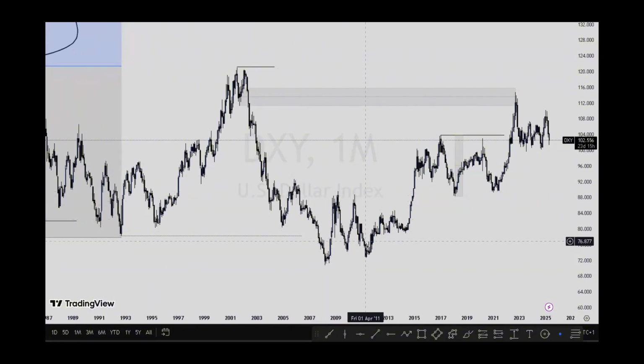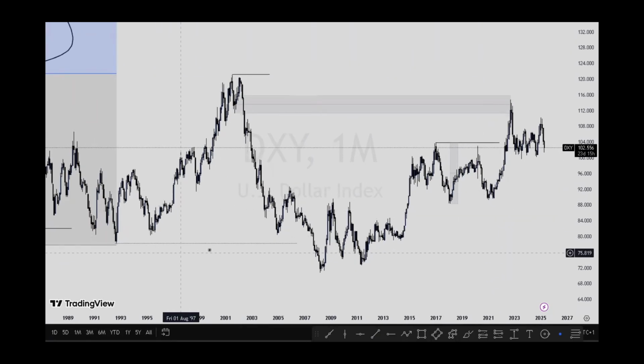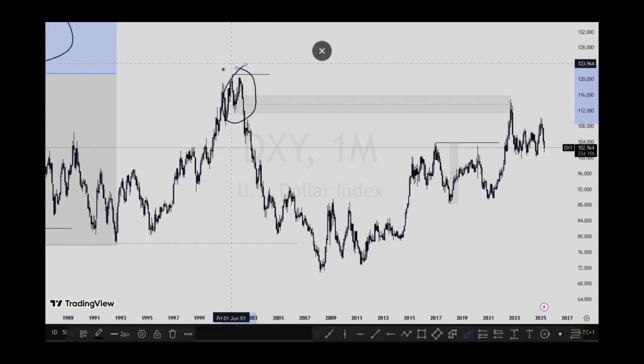I would love to consider all this by range structure and this pullback, which is the minor. Now, a quick break of structure, then we notice that this area is actually an origin. It's the origin of this whole entire move, the break of structure that occurred to the downside, notifying us that we are extremely bearish.